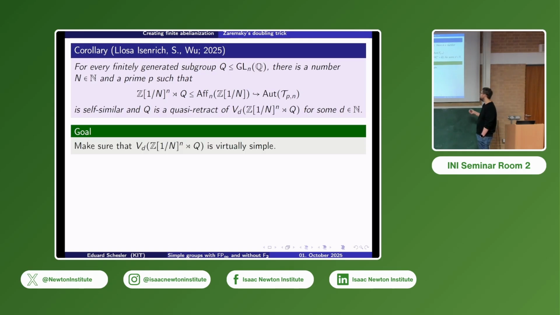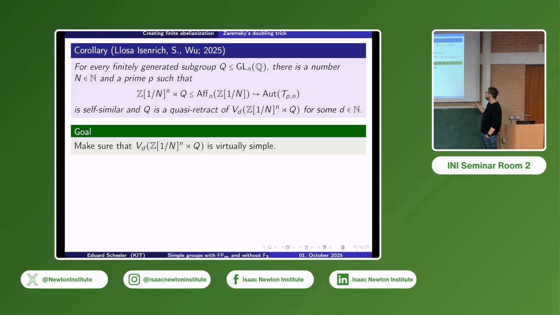Okay, now what is the remaining problem? The remaining problem now is that, first, this group might not be simple. So here we have a finitely generated linear group. We know that by adding the affine part to it, we might make it self-similar, with Q as a quasi-retract, but there are still two problems.